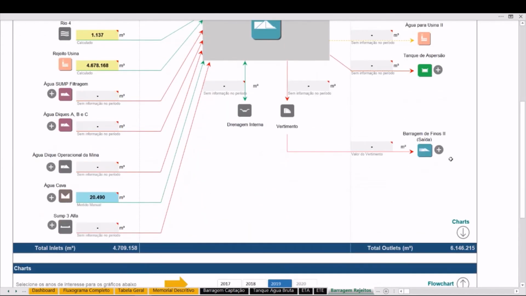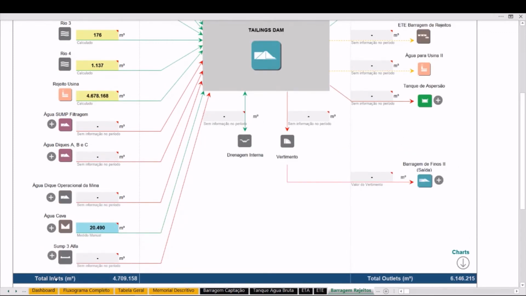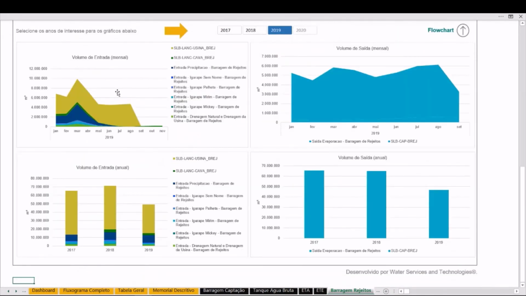And on the bottom here, we have a summary of this information. We have the total inlets, total outlets, and we have some charts here that show all the fluxes. They are shown here with the total volume, and also for the outlets here.